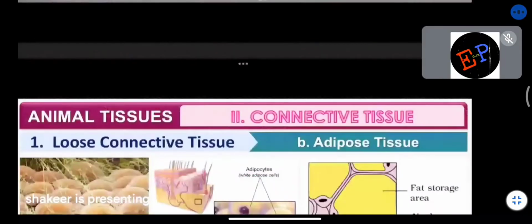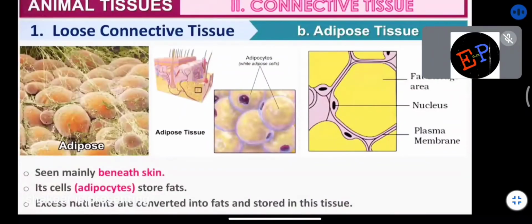Then we study adipose tissue. This is how the figure of adipose tissue appears. And what is the function of adipose tissue? The main function of adipose tissue is to store fats. You know that fat is stored below the skin, no?